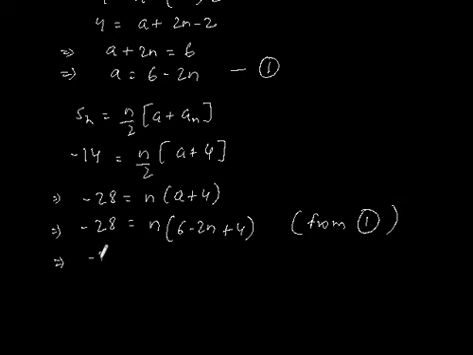This implies minus 28 is equal to n into minus 2n plus 10.